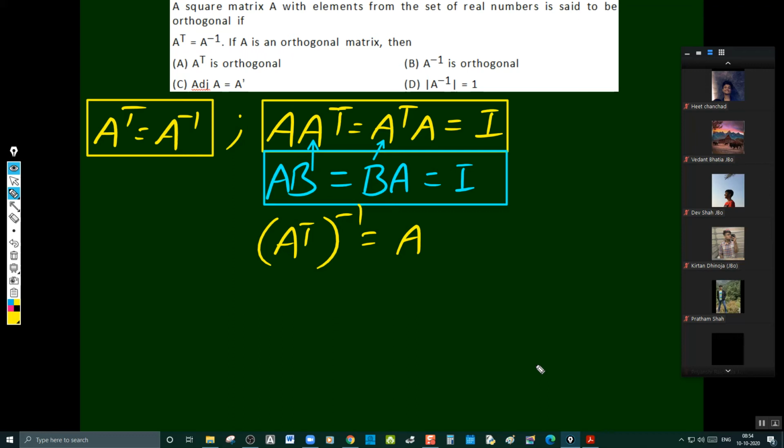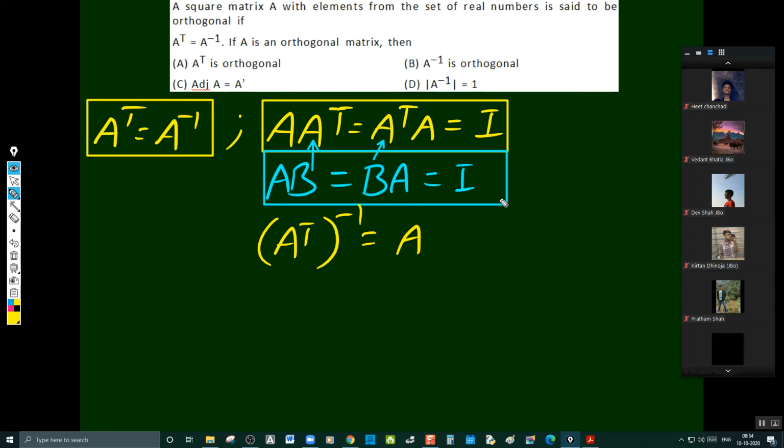And A transpose is orthogonal, he is saying. So to decide orthogonality, what is to be understood? A into A transpose must be I. If you multiply the matrix A with its transpose, then you must get I, identity matrix.